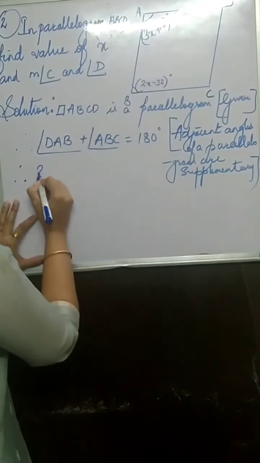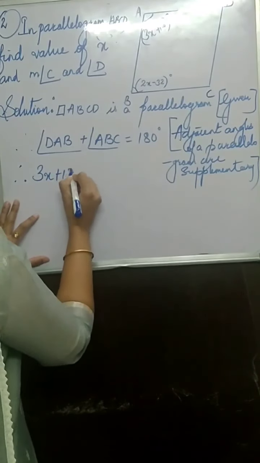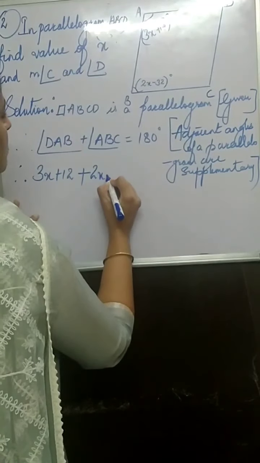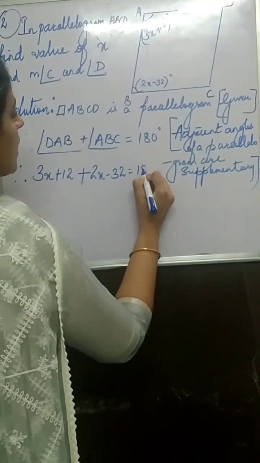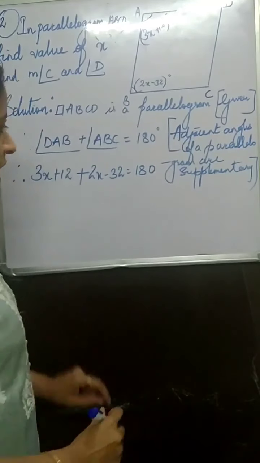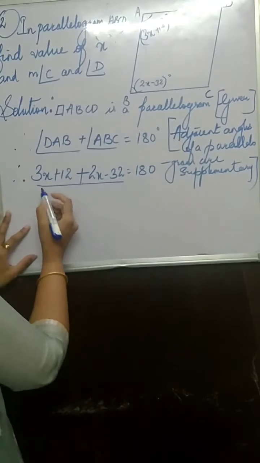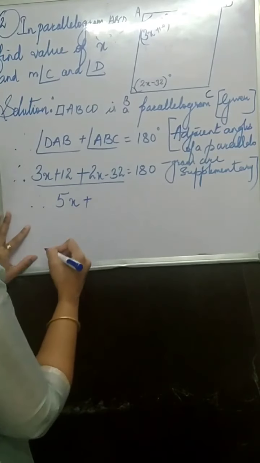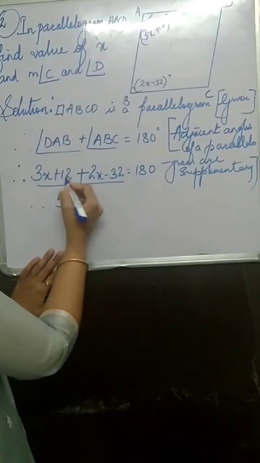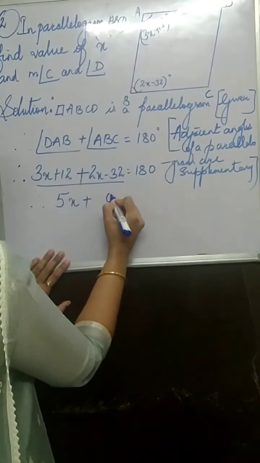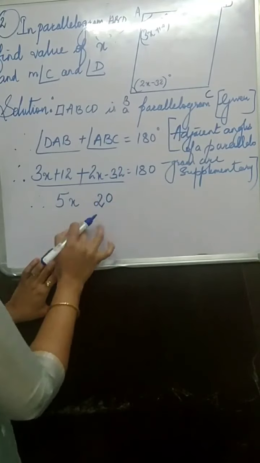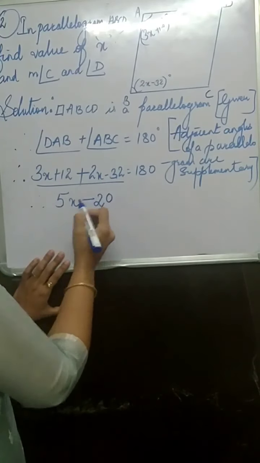Now write down the measures given in the question. DAB is 3x plus 12 plus ABC is 2x minus 32 is equal to 180. Now solve this equation. 3x plus 2x will be 5x, plus 12 minus 32. 32 minus 12 will be 20, and the bigger number is 32, so its sign is minus.